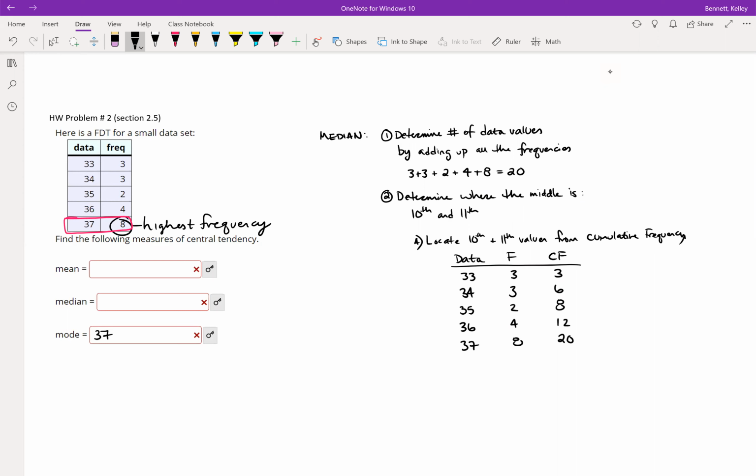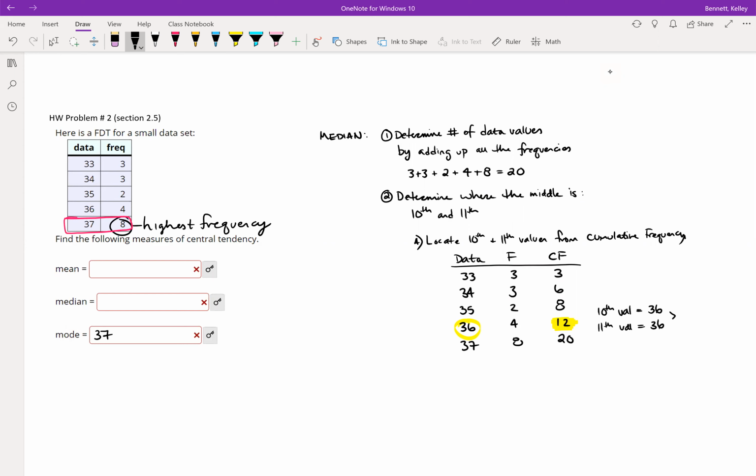So the 10th and 11th values occur as 36s, because once I get to the end of all my 36s, I'll have hit the 10th and 11th. Once I get to the end of all my 35s, I'm only at 8 values in. So the 10th value equals 36 and the 11th value also equals 36.